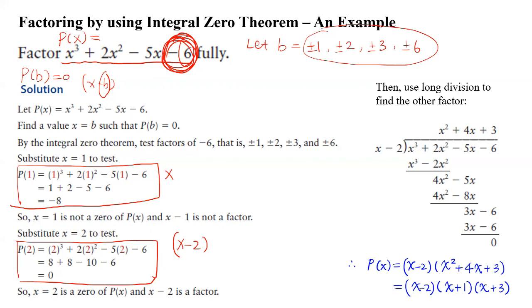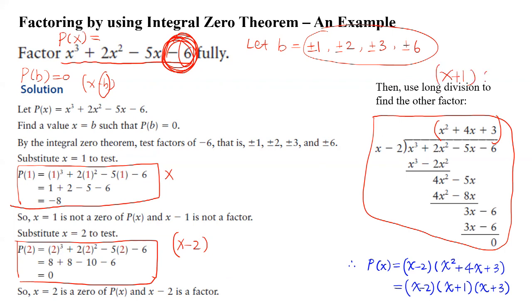So in order to find the other factor, we can perform a long division here. If we perform the long division, we can see that the other factor is x squared plus 4x plus 3, which can be factored into (x plus 1)(x plus 3), right?